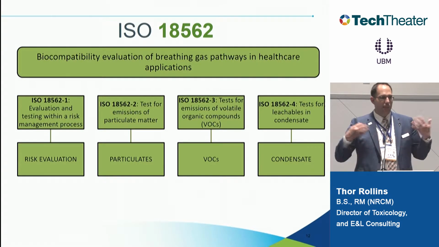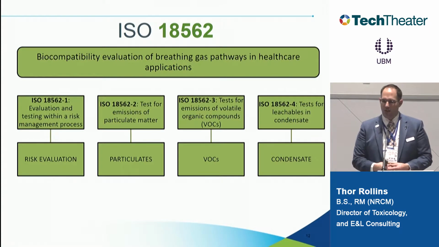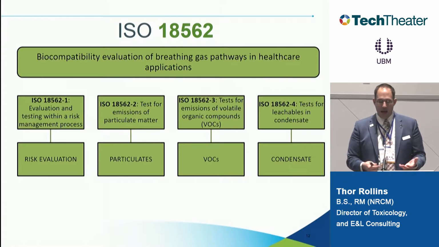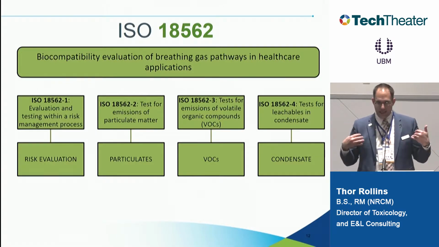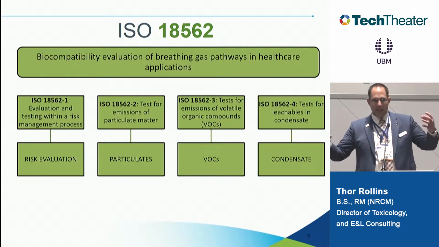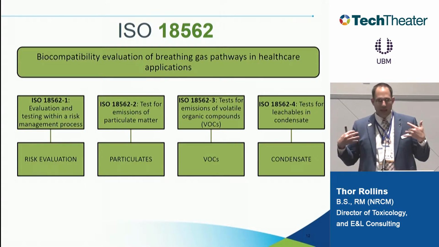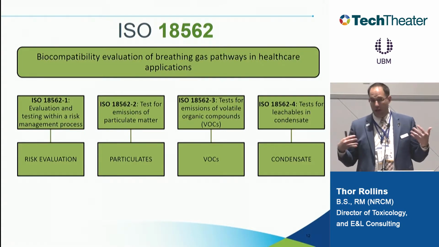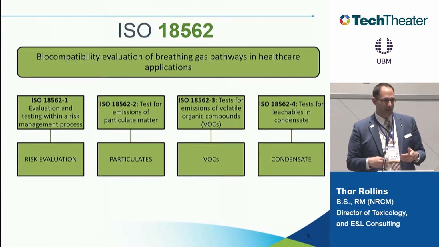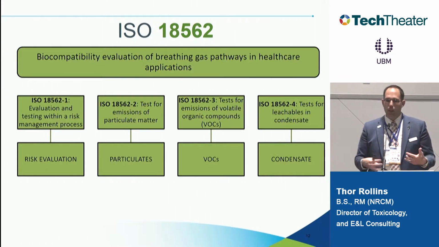These are chemicals that evaporate very quickly, which makes sense for a gas path device because you're breathing in the air. The air can take these chemicals and leach them off of these plastics or glues or even residuals on metals and deliver those into the lungs of the patient. So VOCs are important to evaluate when you're looking at toxicity.